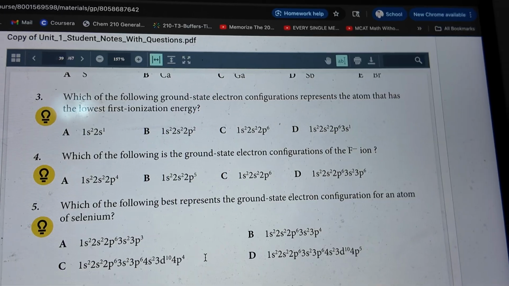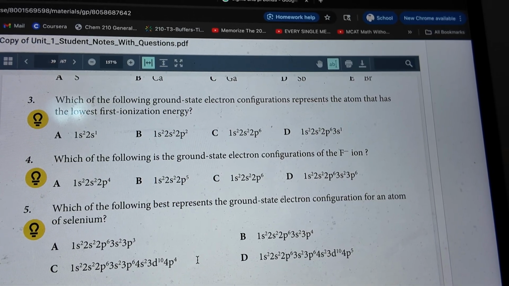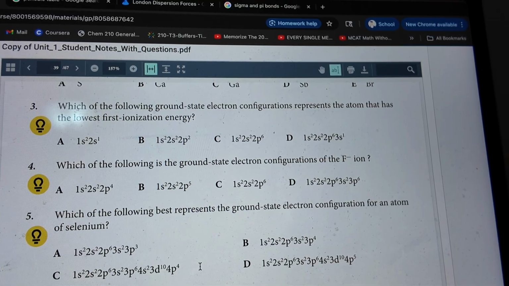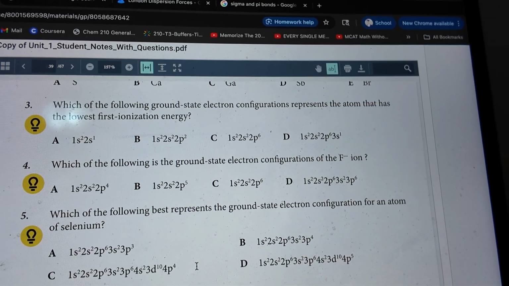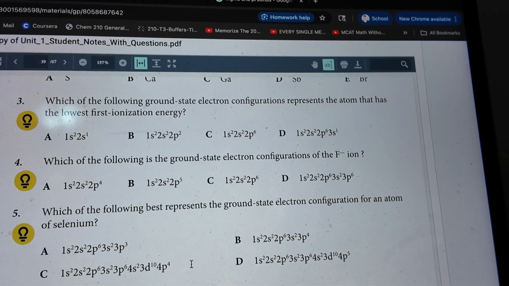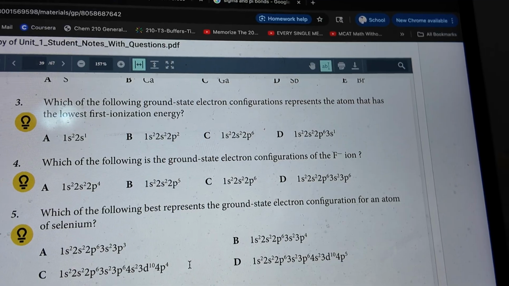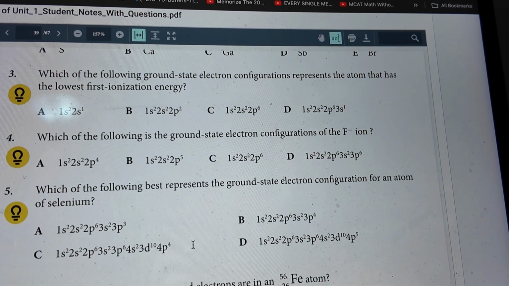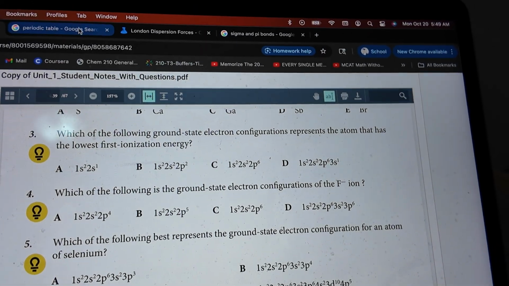Which of the following is the ground state electron configuration for F fluorine with a negative? So F minus ion. Okay, so this is just fluorine with an extra electron.